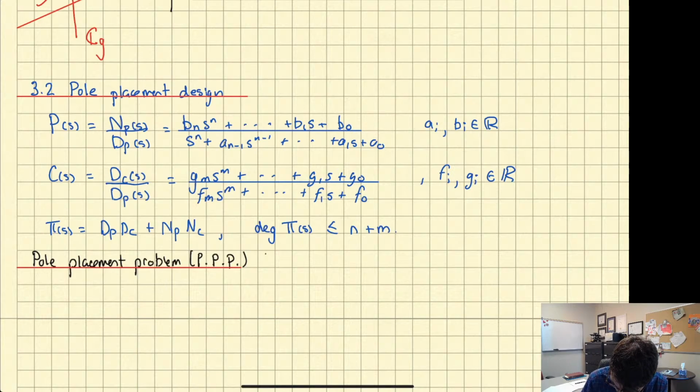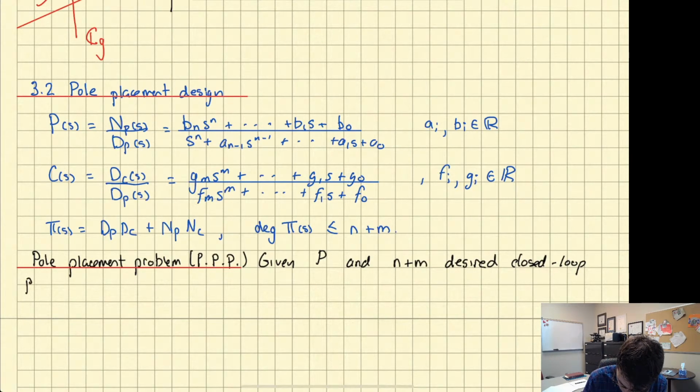Given P, and n plus m desired closed loop poles, which I will write as lambda 1 to lambda n plus m. Sorry, that's a typo. Thank you.